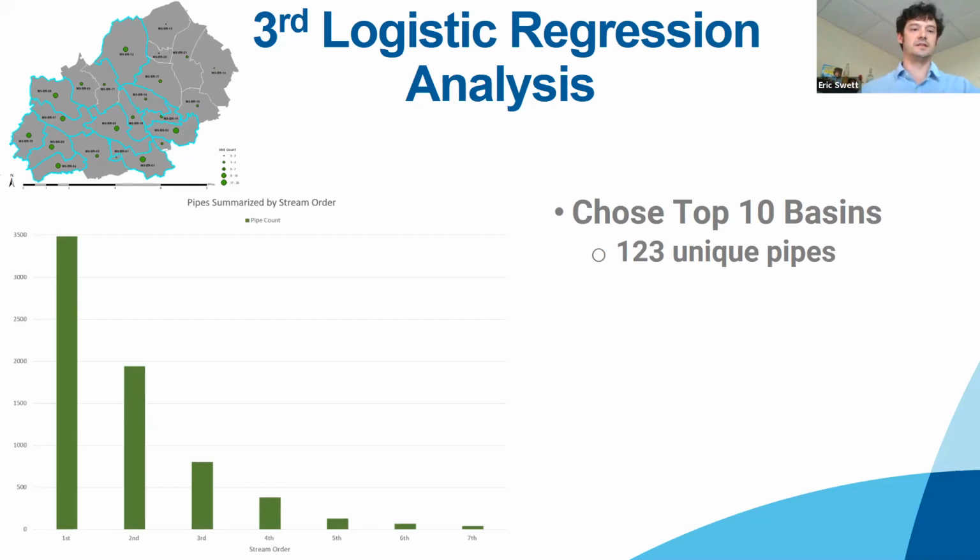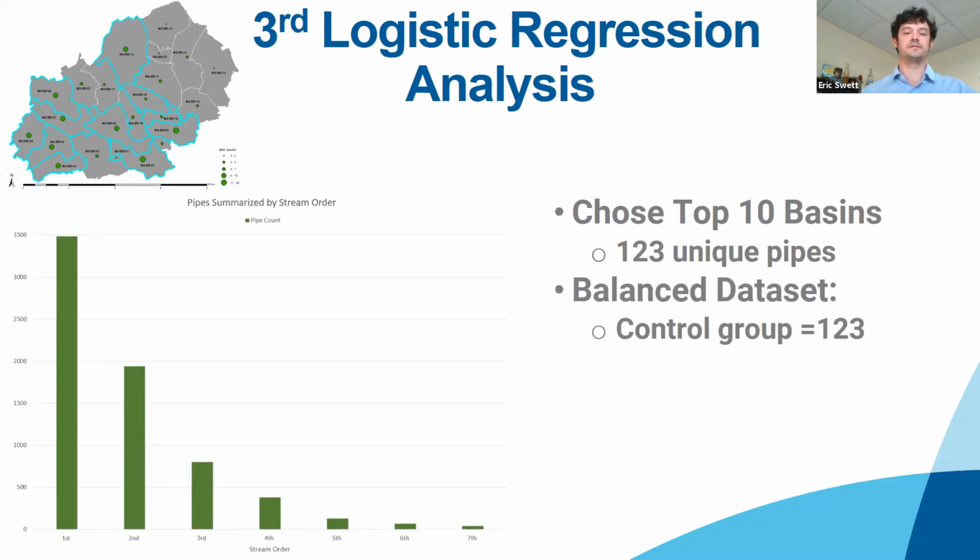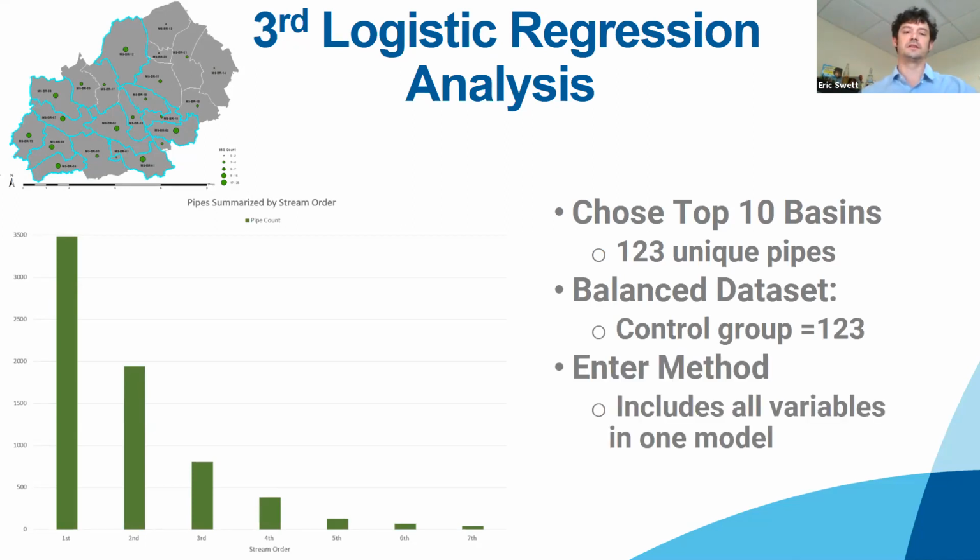And again, here you can see that this data set is much larger, with thousands of pipes, and again seeing that same stair step breakdown between first order streams, second order streams, et cetera. Since the data set was large enough, I felt comfortable going ahead to do a balanced data set to pick 123 pipes that did not experience an overflow to get a very large data set. Again, I threw everything into one equation just to see what would come out on the other side.